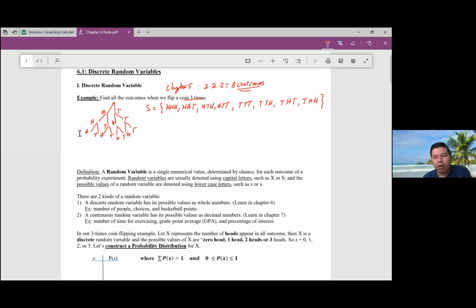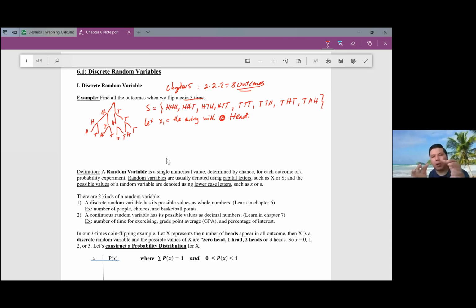Okay, so that will be the whole sample space. Now I'm going to let x1 be the number of entries with 0 heads.